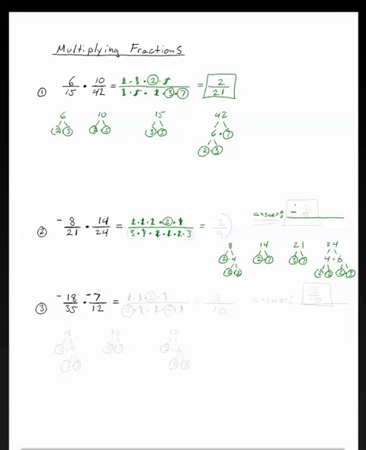And I don't have anything left in the numerator, so I'm going to have to keep this 3 and that 3. So the only thing I'm left with on top is a 2, so I just carry it over, and that's my numerator. And then 3 times 3 is 9. Now remember, I have my answer line over here, and I know that my answer has to be negative. So it's going to be negative 2/9.